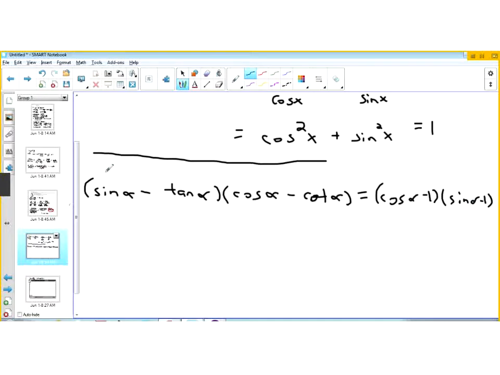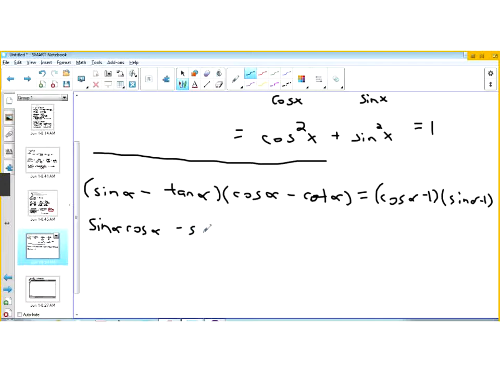Okay, so I guess we could start off by multiplying the two factors on the left-hand side. So if we do that, we use FOIL. So we'll have the product of the first terms, sine alpha, cosine alpha.